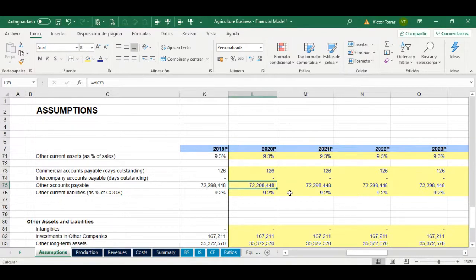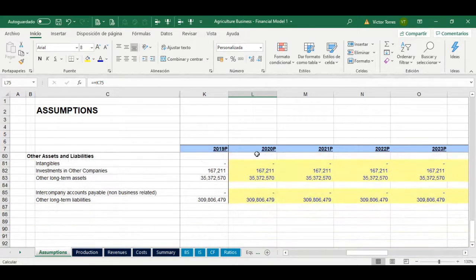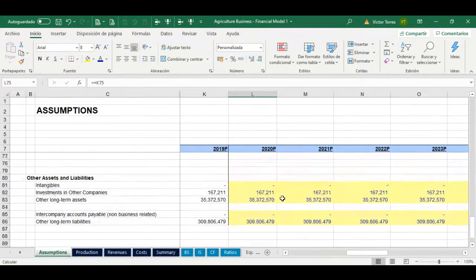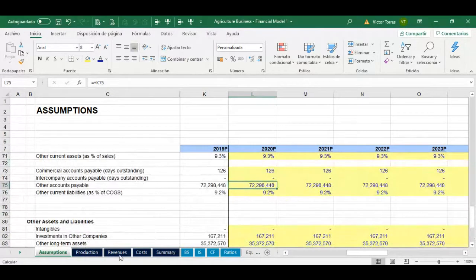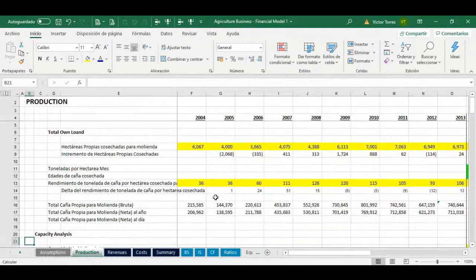That's a significant problem that this type of company, agricultural companies, have, especially the old ones. And regarding other asset liabilities, I have assumed that they stay constant as part of our typical estimation. Okay.